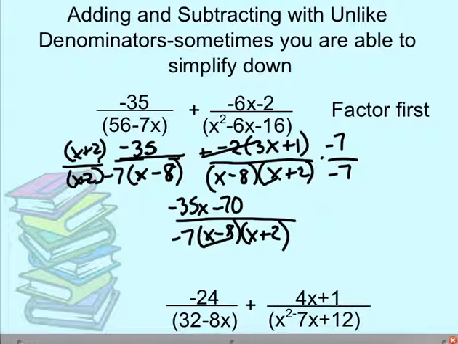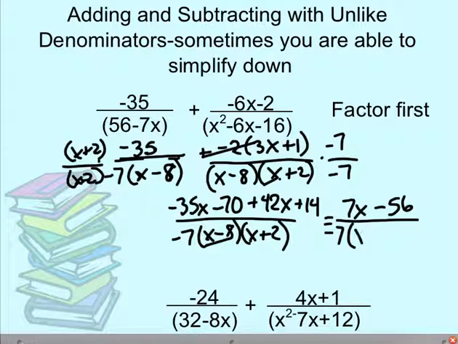And then on this one here, we have really a negative 6x times negative 7, so plus 42x. And then negative 2 times negative 7, so plus 14. Which means I can combine some like terms here, and I get 7x minus 56 over negative 7 times x minus 8 times x plus 2.